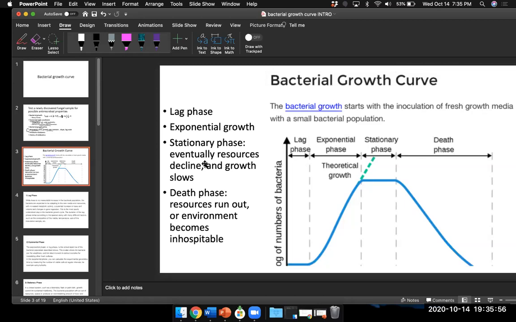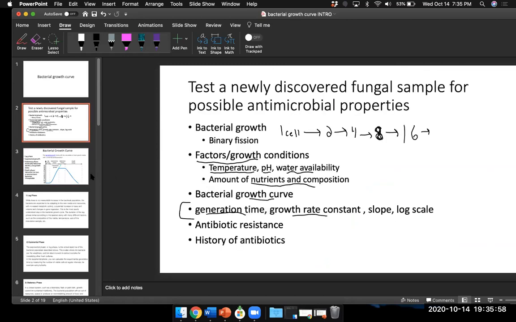So that's really the biggest part of the lab. And then it's just using the growth curve to do your calculations. Okay. And of course, the overall idea of the lab is using the growth curve, using these calculations so that you can determine if the fungal compound is an antimicrobial compound or not.